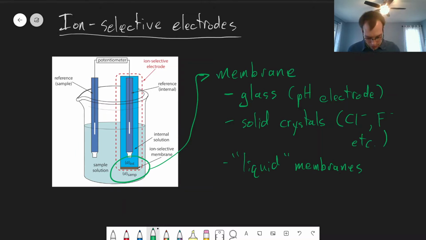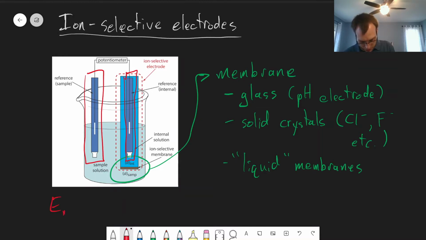But let's talk about, first of all, the general picture of what's going on here that'll apply to any of these types of membranes. So the ion selective electrode is made out of two reference electrodes. We have one on the inside of the electrode and one on the outside that goes into our sample solution.